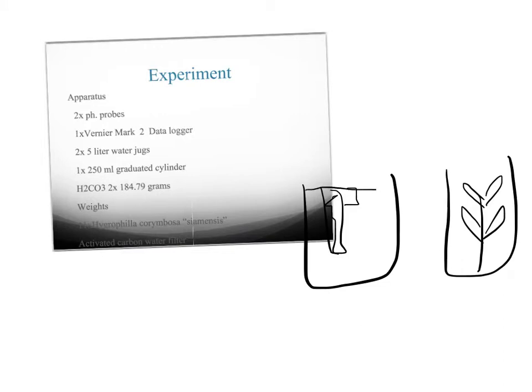Both of them are filled with water, and each of them has a pH probe in it. The pH probes are connected to a data logger, which will give us a graph. And we have one 250 milliliter graduated cylinder in order to measure out the exact same amount of water.